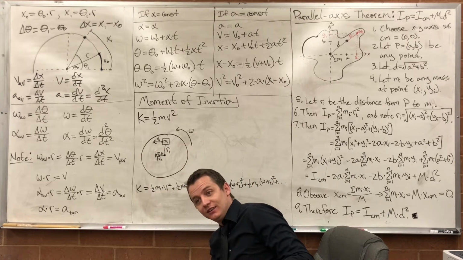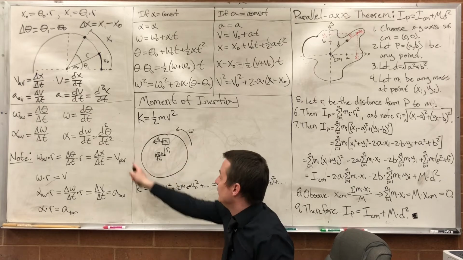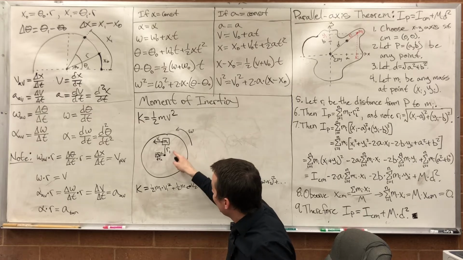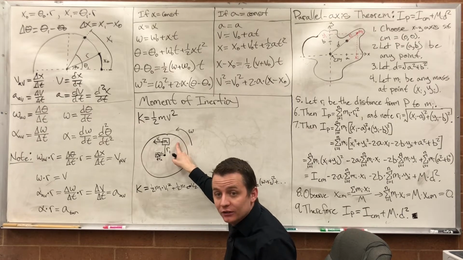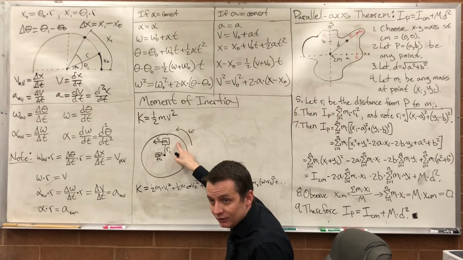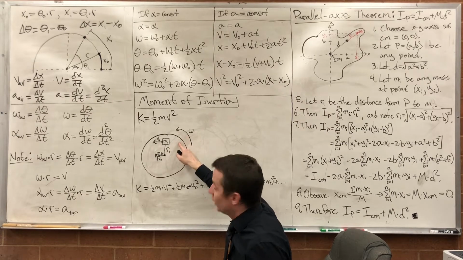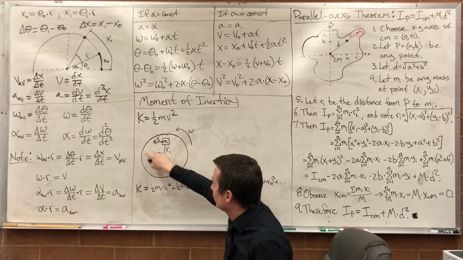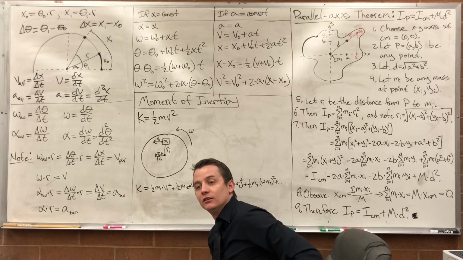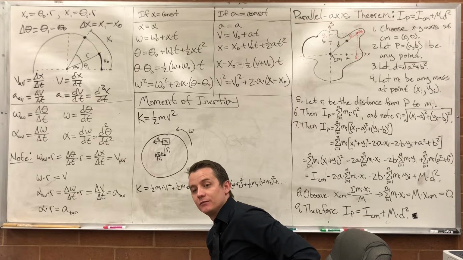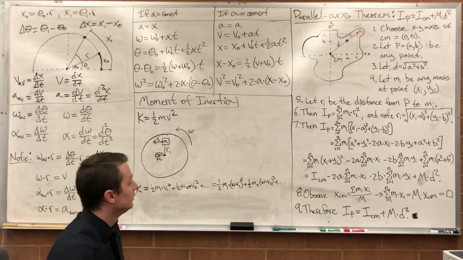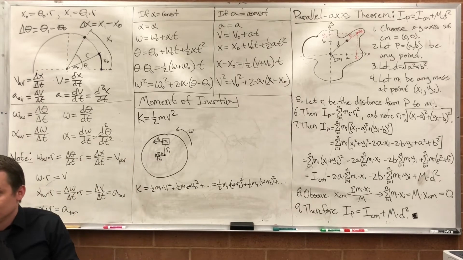If this wheel is rotating once per second, then no matter where you stand on the wheel, you're going around at 2 pi radians per second. Your linear speed changes a lot, but your angular speed is the same no matter where you are on the wheel. The whole wheel is rotating at the same rate. That makes sense. Okay, so same omega for each of these, different radii, different masses.